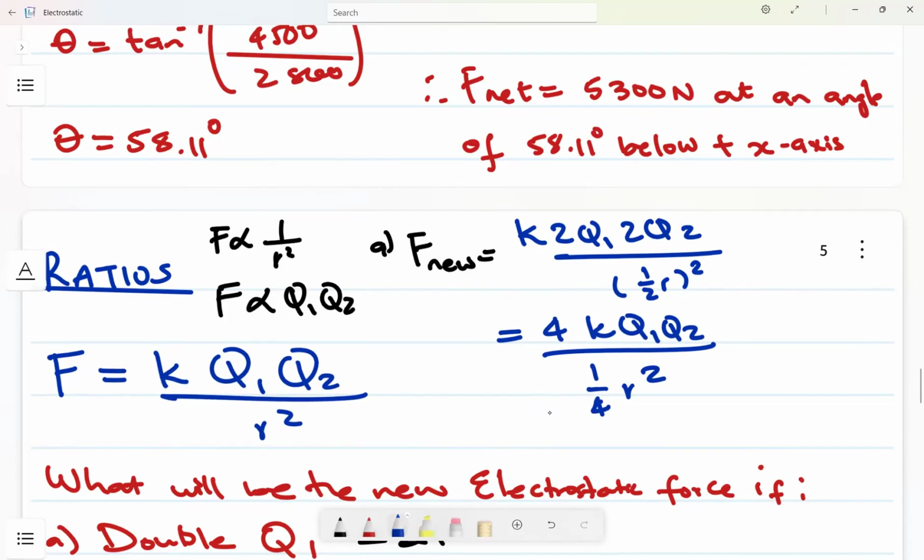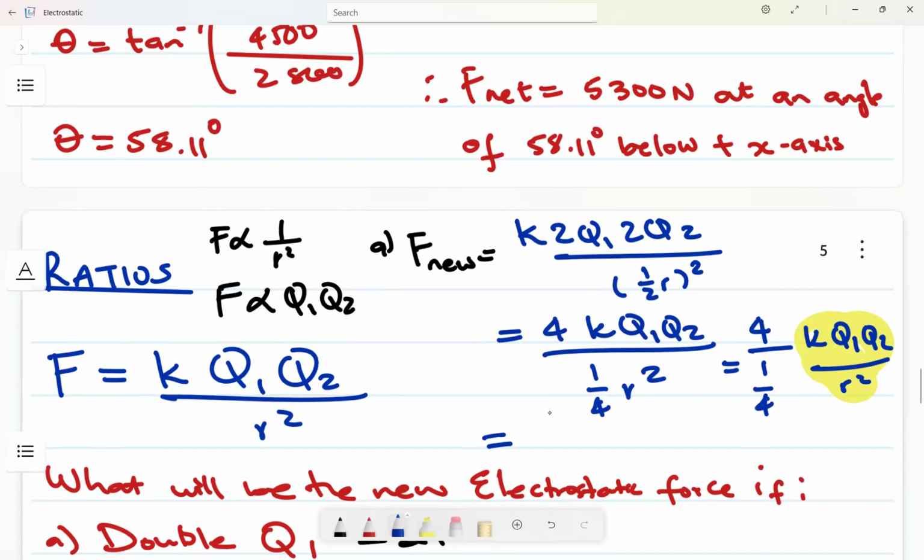Again, but now I said do what? Take this one. You can say this is the same as, I don't want you to be exposed to mathematics a lot, 1 divided by 4. Take it as it is, then say this is KQ1, Q2 divided by R squared. What is this? That is force again.